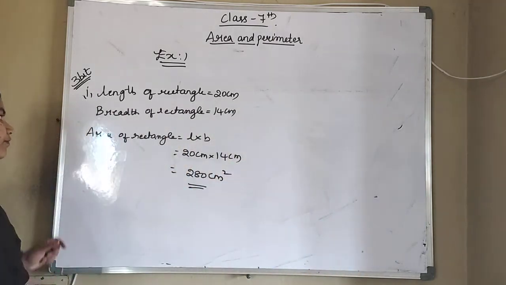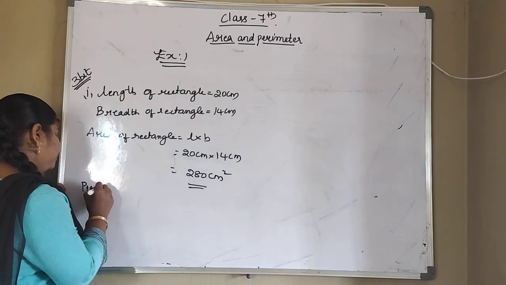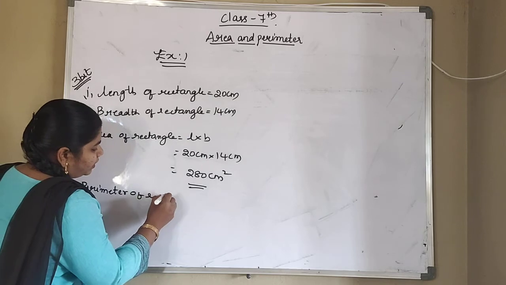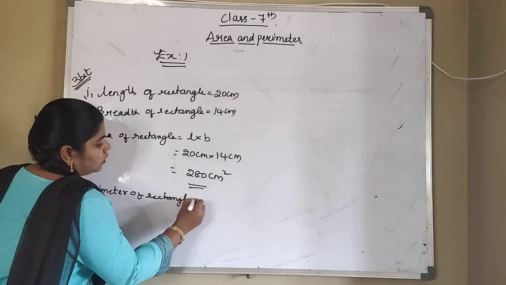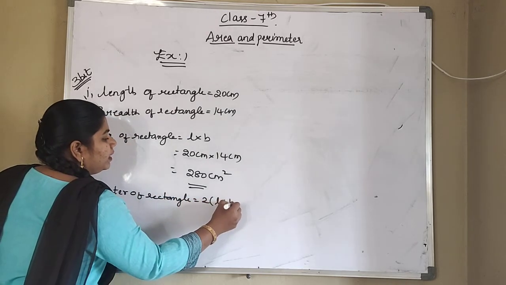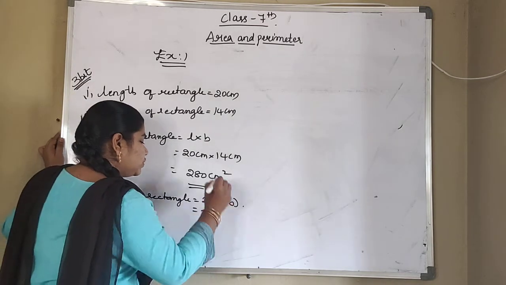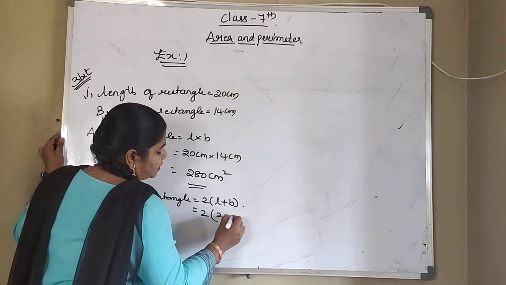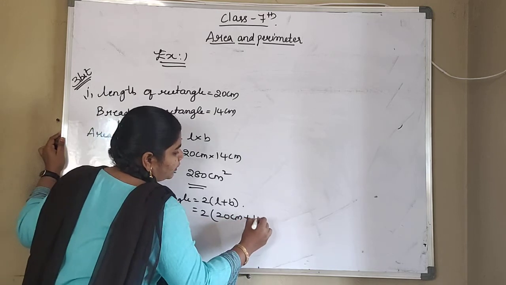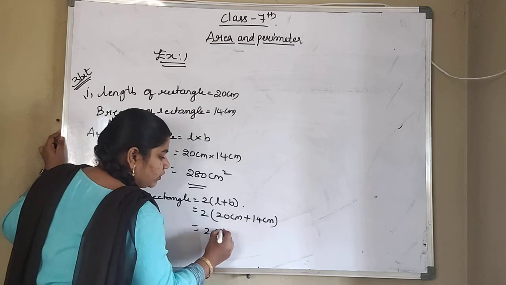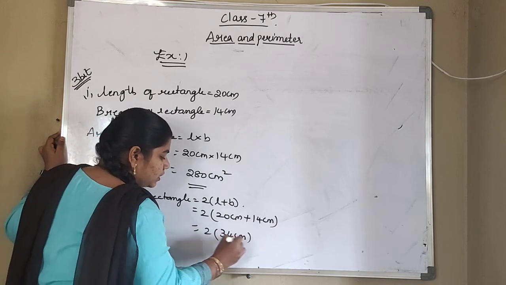Okay, next I am finding the perimeter now. What is the perimeter of a rectangle? Perimeter of a rectangle is equals to 2 into (L plus B). Okay, so in this, 2 is a constant value, length value is 20 centimeters, breadth value is 14 centimeters. So 2 into (20 plus 14), 20 plus 14 is 34 centimeters.